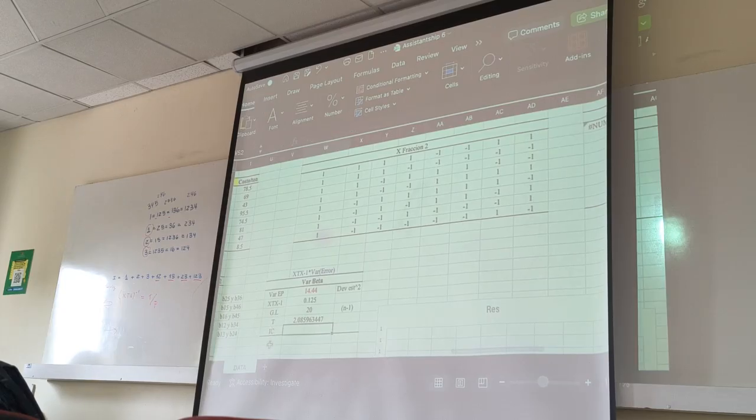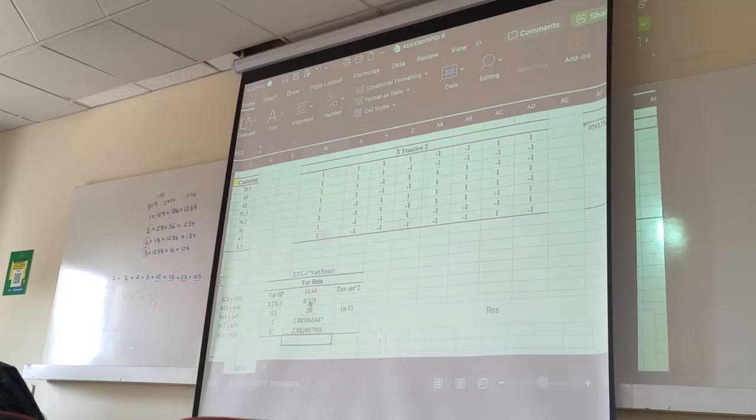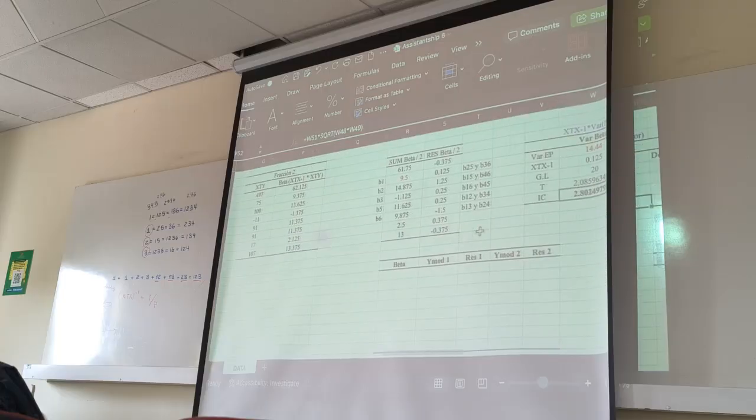So the confidence interval factor will be this t with the square root of the pure error variance with the value of this matrix. So this will be our Z.